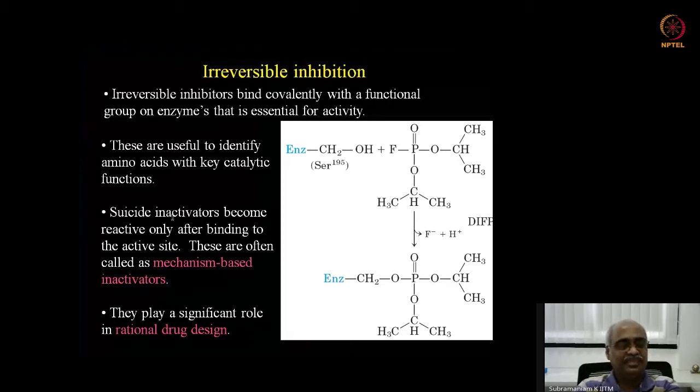These suicide inactivators undergo that kind of distortion, and when they do, they become reactive and then they kill the active site. That is why they are called suicide inactivators. And since the inhibition depends on the mechanism of the enzyme-catalyzed reaction, they are also called mechanism-based inactivators. Understanding of these helps in rational drug design.